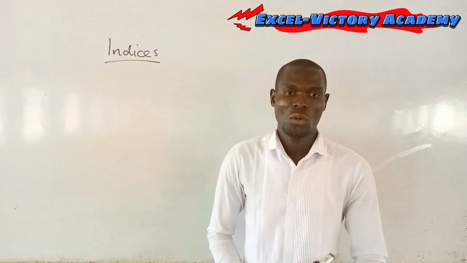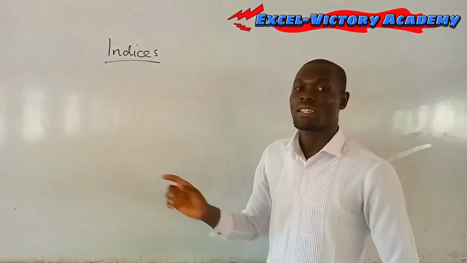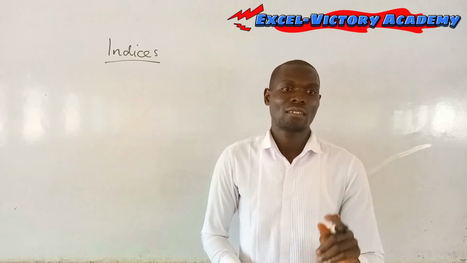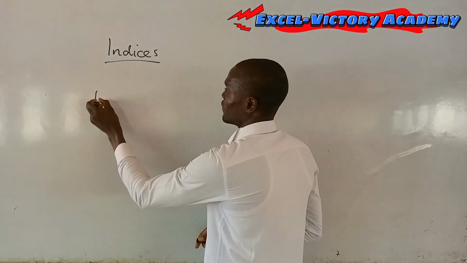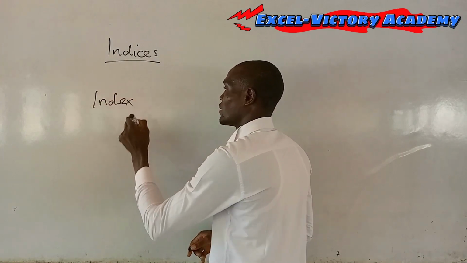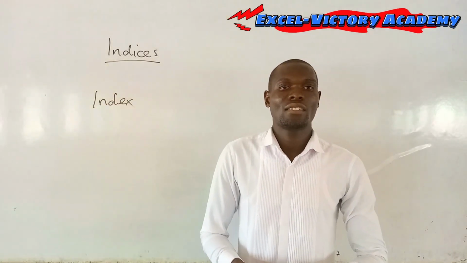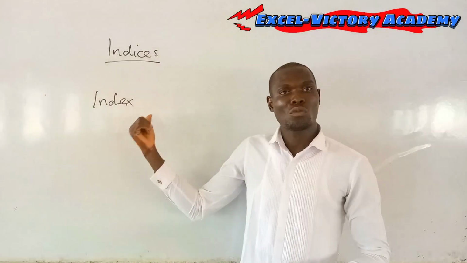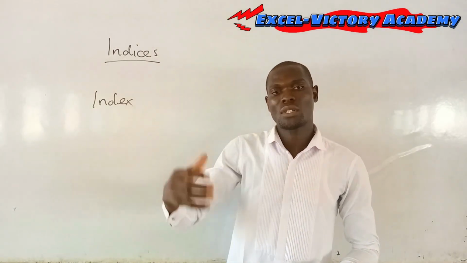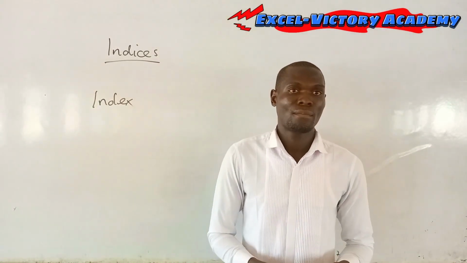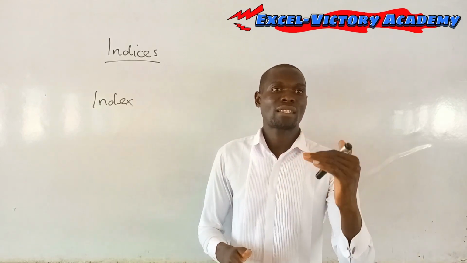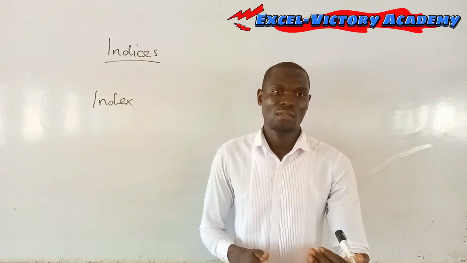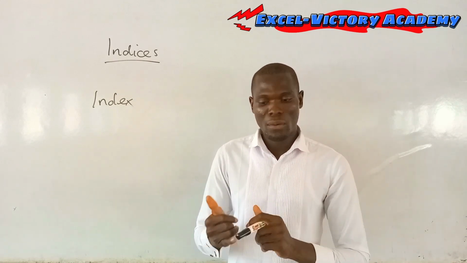Okay, what is indices? Indices is a plural form of the word index. Index refers to a small number that is written at the superscript of another number. It shows basically the number of times a particular term multiplies itself. It is also known as power.